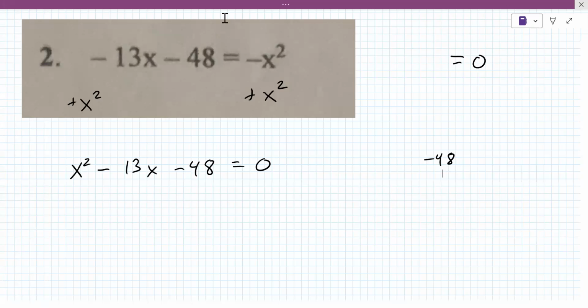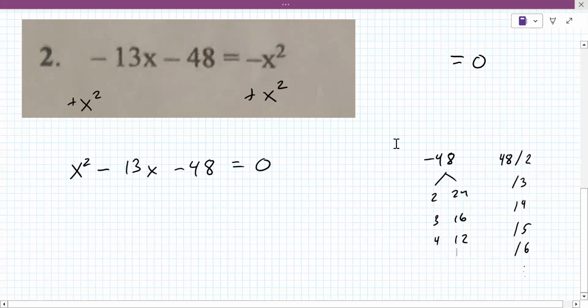Okay, fantastic. The reason I wanted you to grab that calculator is you want to start dividing by 2, and then by 3, and then by 4, and then by 5, and then by 6, and so on. And you look for whole numbers: 2 and 24 work, 3 and 16 work, 4 and 12 work, and so on. But you still have to apply the signs.